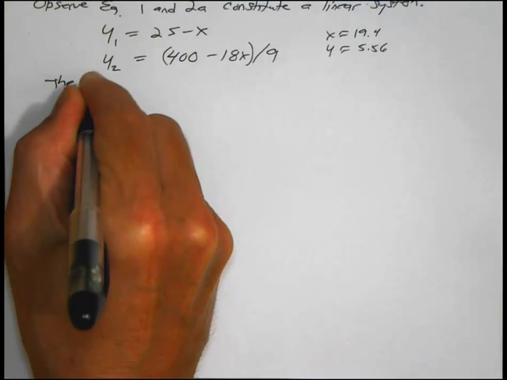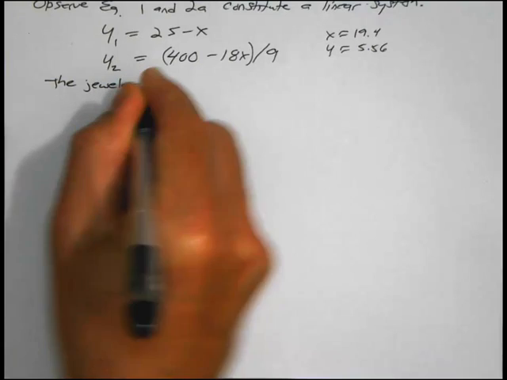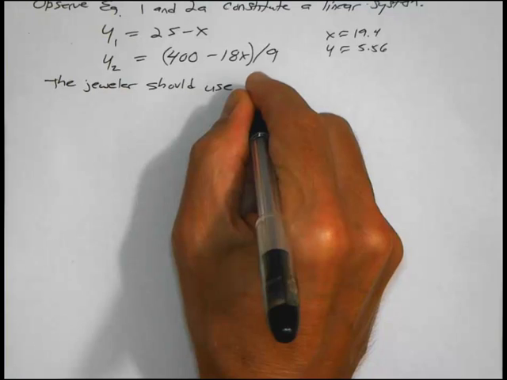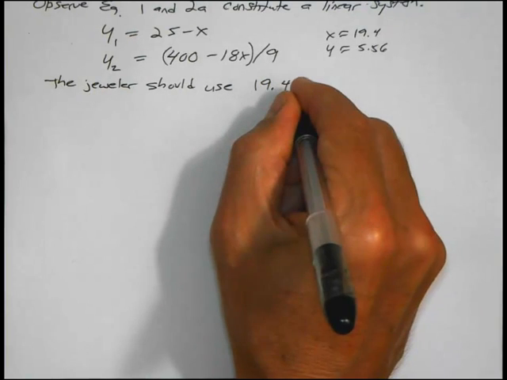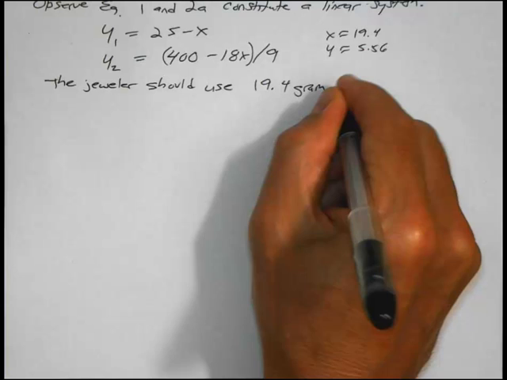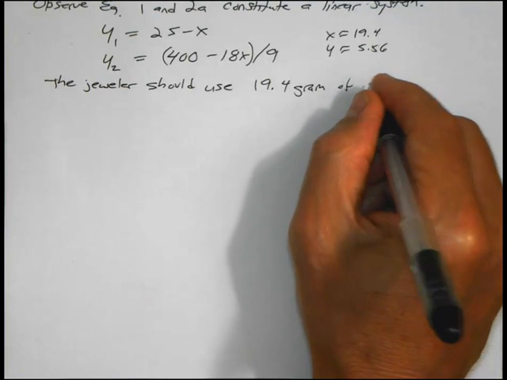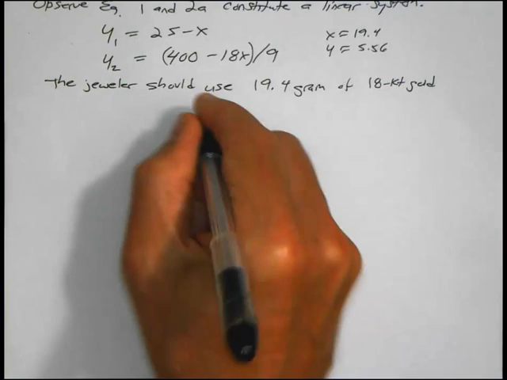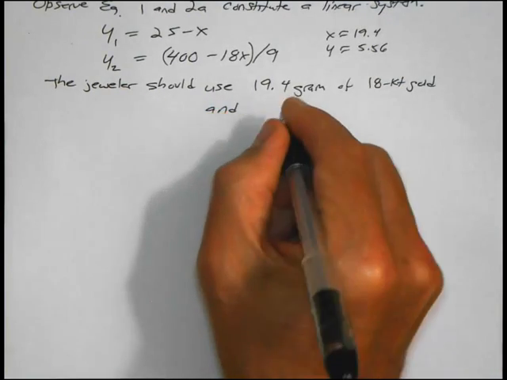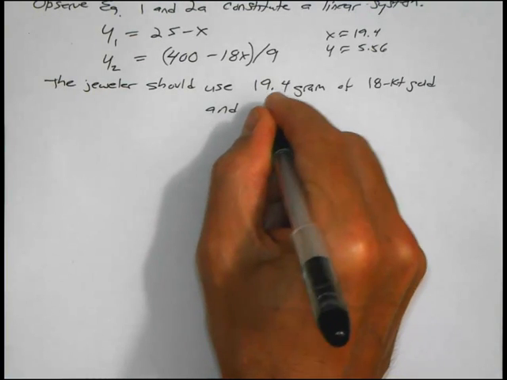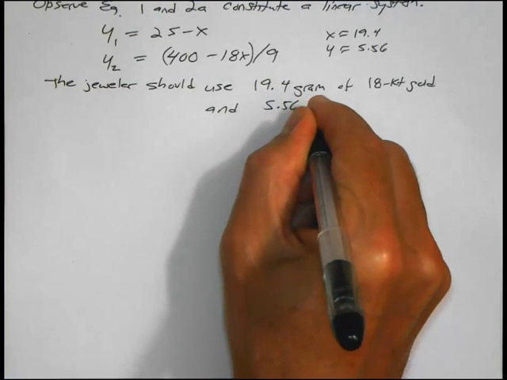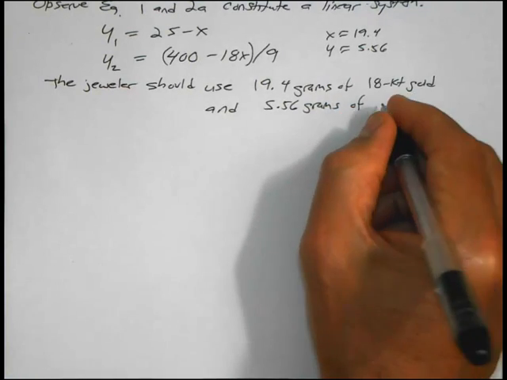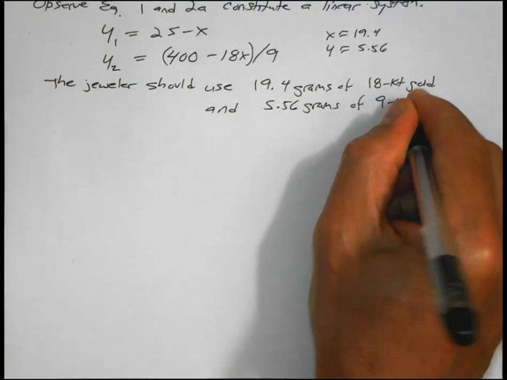The jeweler should use 19.4 grams of 18 karat gold and 5.56 grams of 9 karat gold.